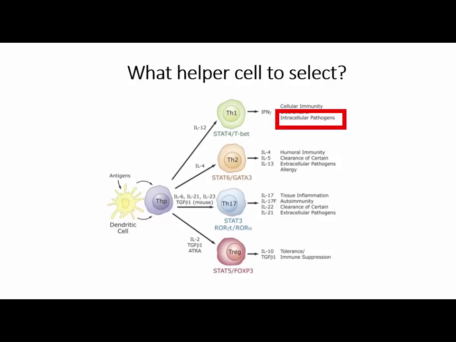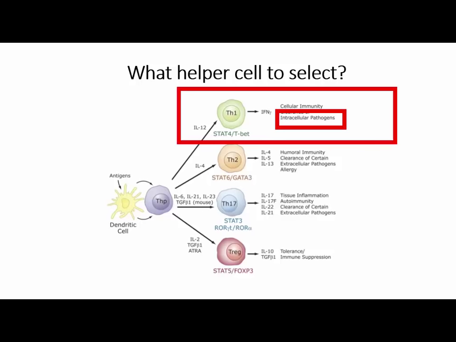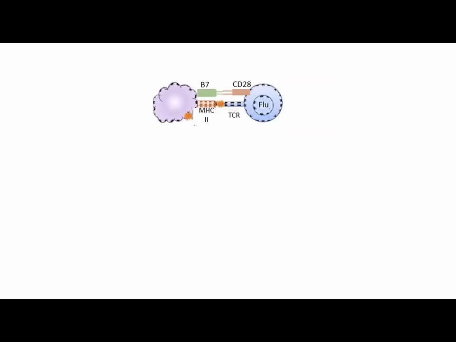So it doesn't select the Th2 cell, it doesn't select Th17, and it doesn't select Treg. It selects Th1. So at this point we've had antigen presentation, CD4 T cell activation, and now selection of the appropriate Th response, which in this case is a Th1.